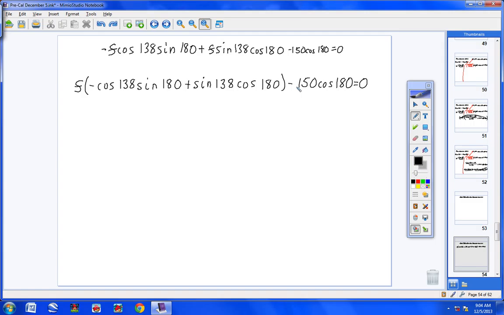Let's just go ahead and pretend that I moved the negative 150 over and made it positive. I moved this term over right here, made it positive, and then I factored out my s, which is what I was going to do anyway.